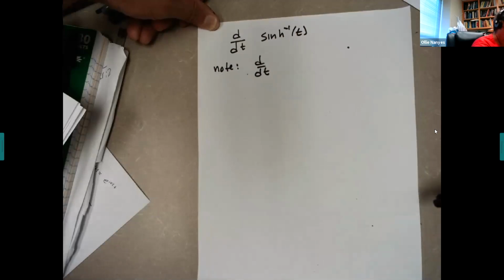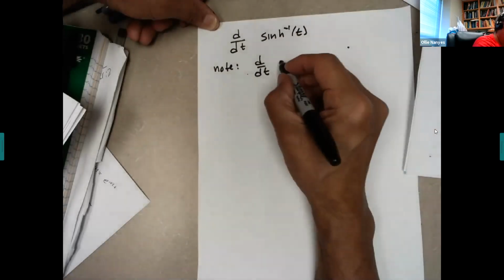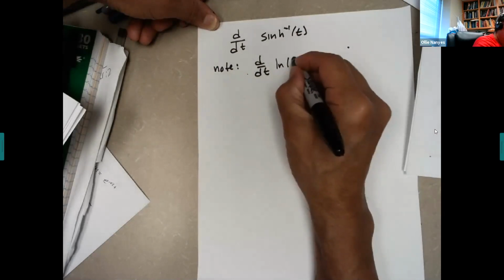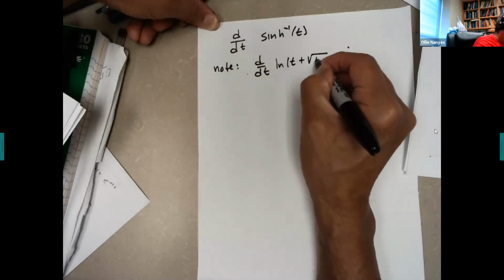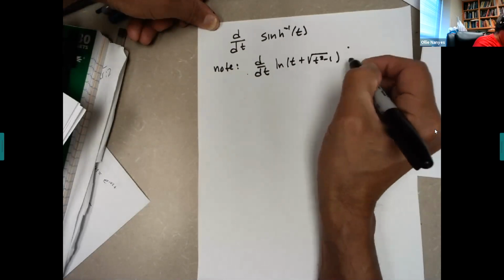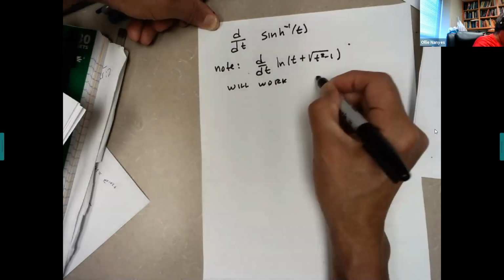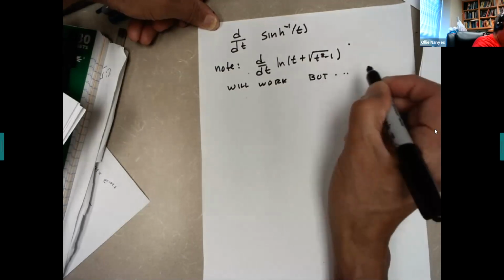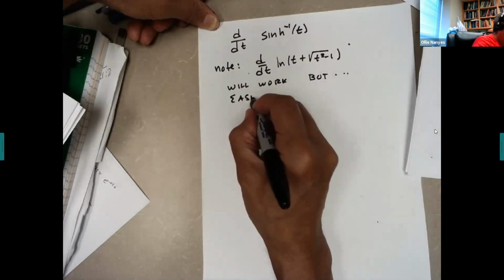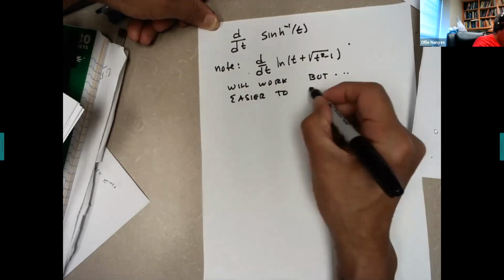We could just calculate this and use the chain rule. This is going to be easier to do implicitly.